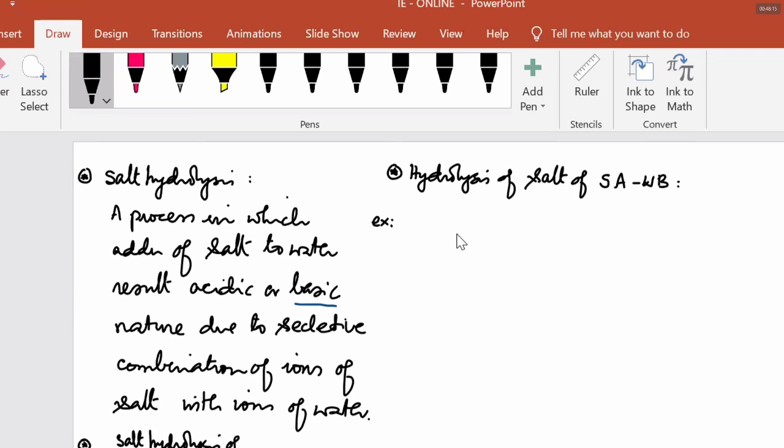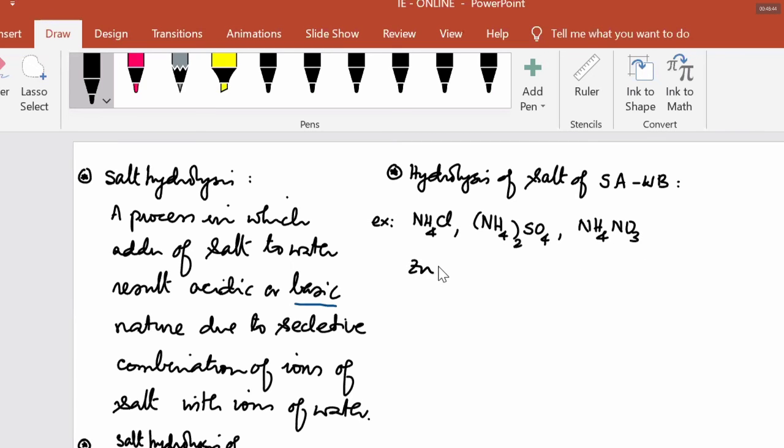What are the examples? Strong acids: HCl, H2SO4, HNO3. There are so many acids, you know it. Weak bases, right? Ammonium hydroxide along with HCl gives ammonium chloride. Ammonium hydroxide along with sulfuric acid, ammonium sulfate. Ammonium hydroxide along with nitric acid, ammonium nitrate.